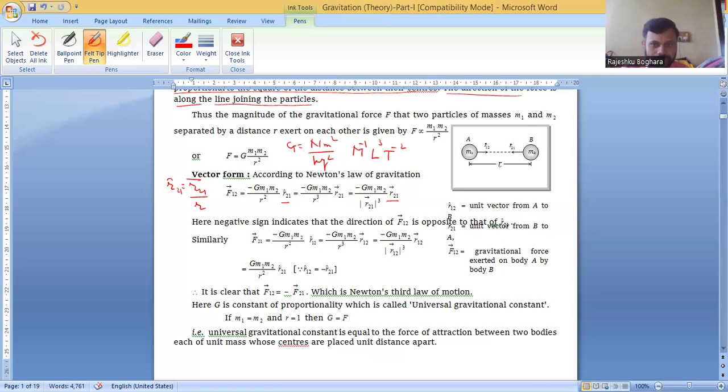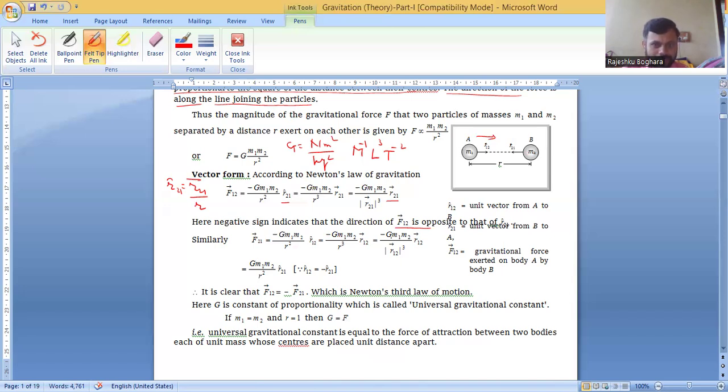Now take F21. Negative sign indicates the direction of F12 is opposite to the R21. So R21 in this direction, force is in this direction. Now force on 2 due to 1 is minus GM1 M2 upon R cube R12.